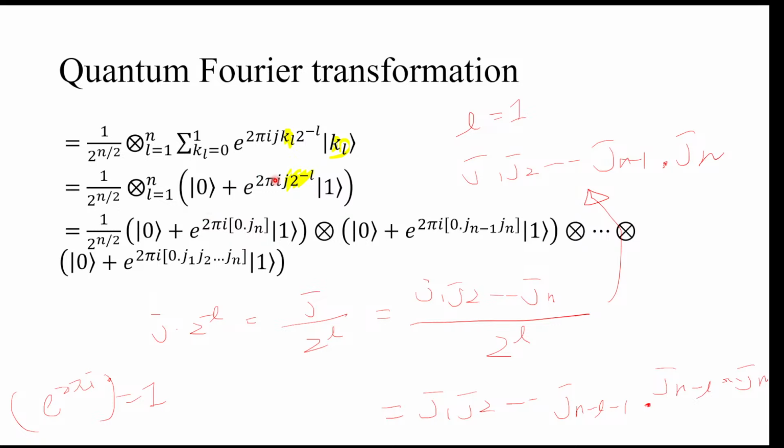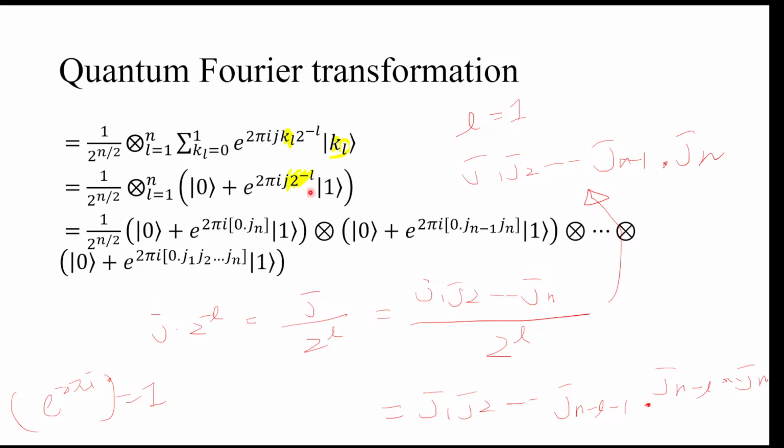So we just write it as a 0, and you just have 0 dot jn as the first element here. Because e to the 2 pi times any integer power is still just 1. So when l equals 1, you move the dot by one, you have 0 dot jn.